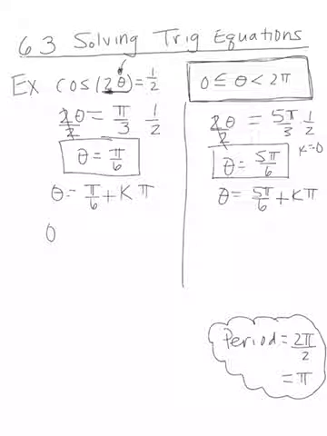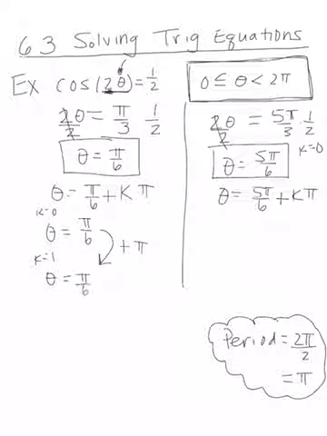So if I started with pi over 6, to get to the next one, I'm just going to add a period. So this would be at k equals 0. To get k equals 1, just add a period, okay? So we've got pi over 6 plus pi. I'm going to write that in terms of sixths, because that's what we're dealing with. So that would be 7 pi over 6 is the next one.